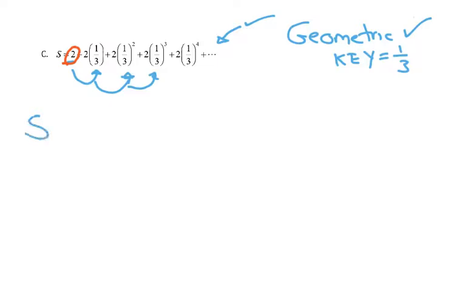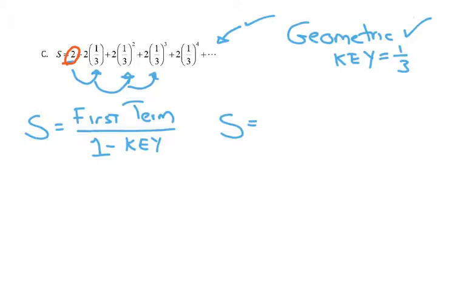So what do we want? We want the first term divided by 1 minus the key. So what is my first term? That's the number 2. What is 1 minus the key? It's 2/3. So this is 2 divided by 2/3.